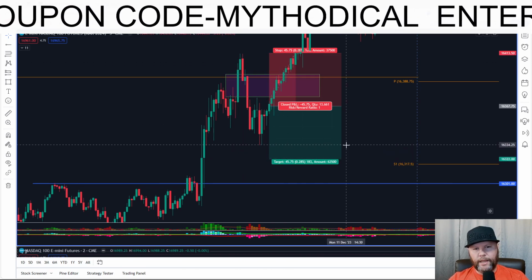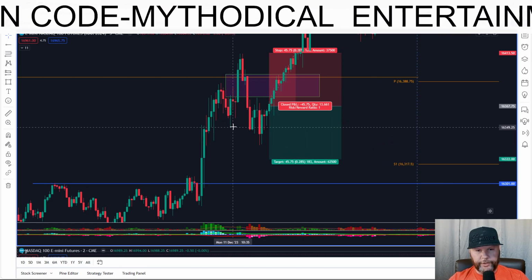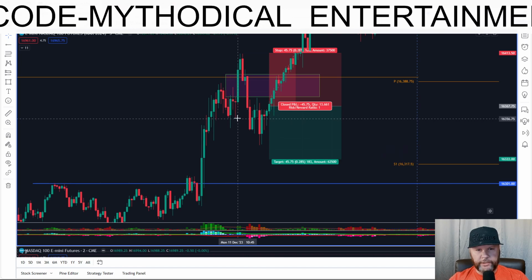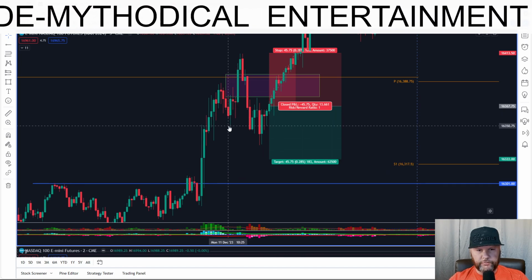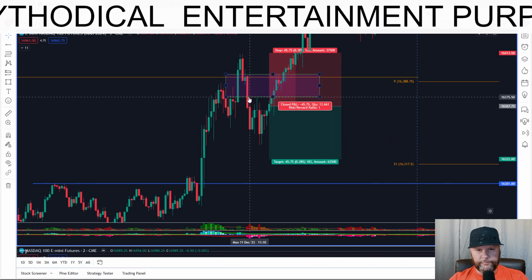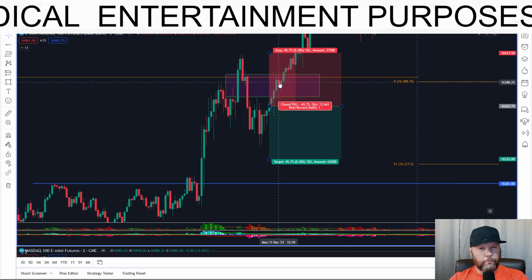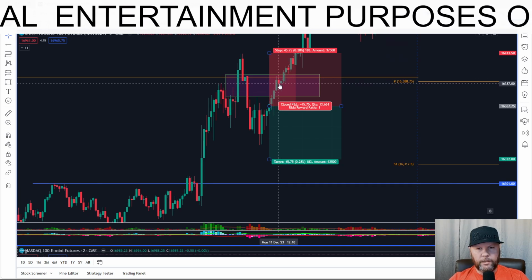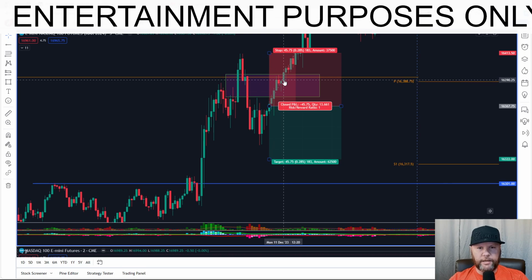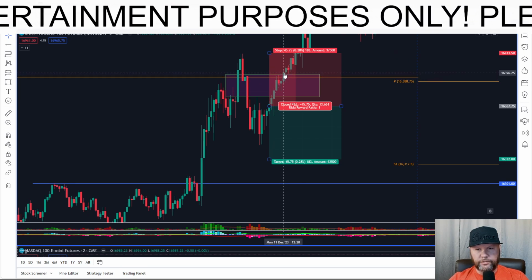Now, the way I trade these gaps and the way I would trade this strategy, once we breached an internal low, like we did here, once we breached this swing low, I would move my stop to break even. Because at that point, if price comes back here, we don't really want to be involved. Also, if price closes back above this gap, then I would exit the trade.